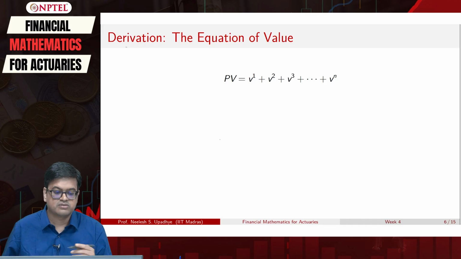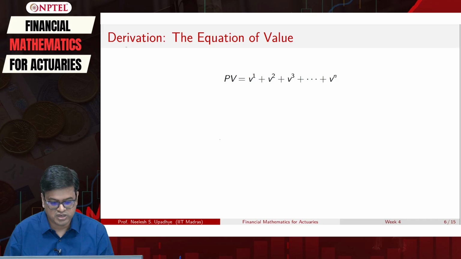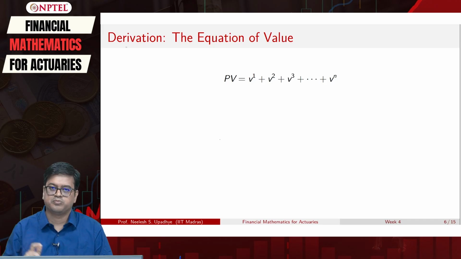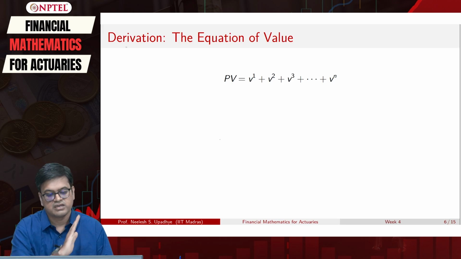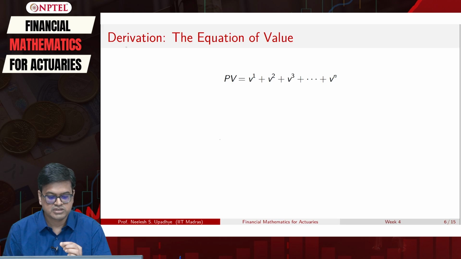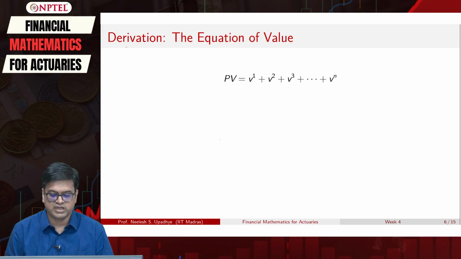Now, coming to the calculation of the equation of value, the present value for each of the streams of payments should be mapped to time 0, correct. So, V squared, V cubed, V raised to n, very clear, and this is a series of payments. All these things will be added up.